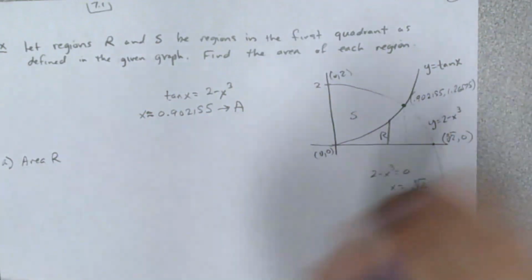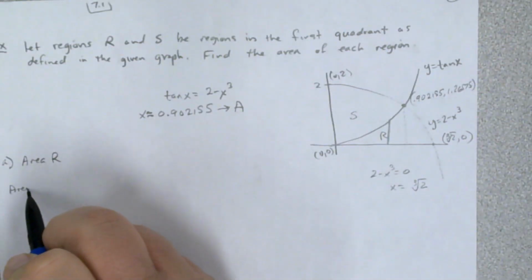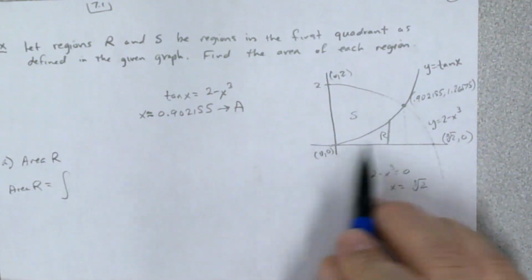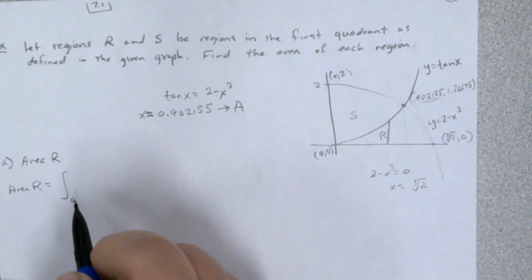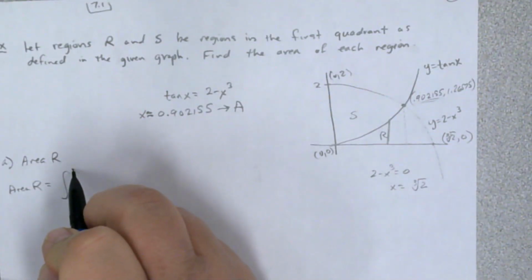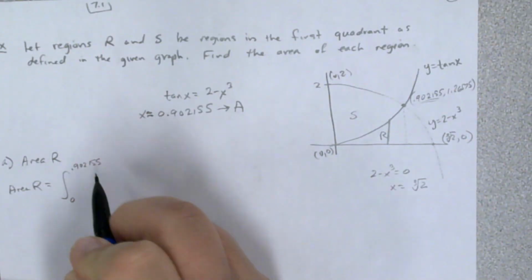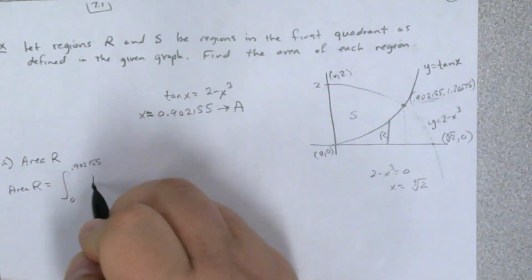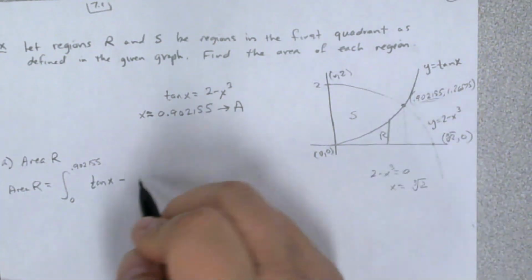So, in that case, our area of R is going to be the integration from 0 to that point, which is that number. And you can write it as 0 to, and I'll do it with the number this time, 0.902155. It's the upper curve, which is the tangent of X, minus the lower curve, which is 0.